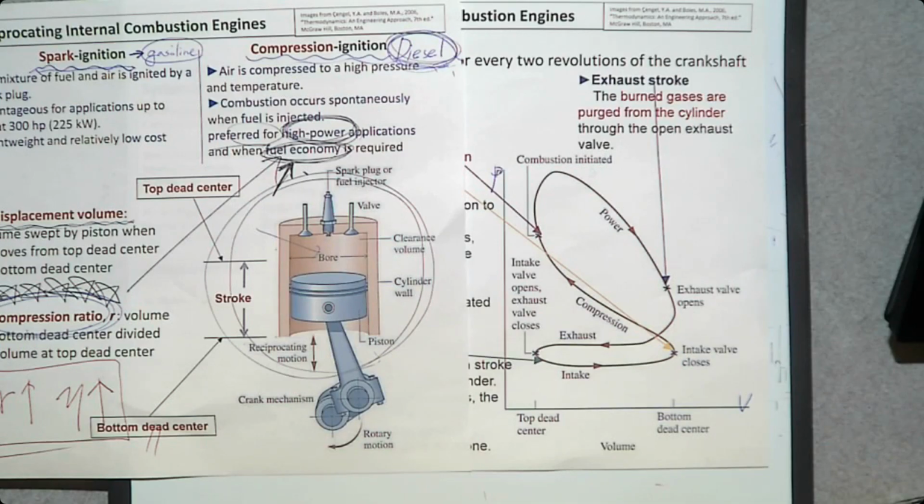So the combustion occurs. When there's a combustion, what's going to happen? The pressure is going to increase dramatically, and temperature increases dramatically. So there is an expansion from the top dead center to the bottom dead center. So pressure goes down and volume goes up.